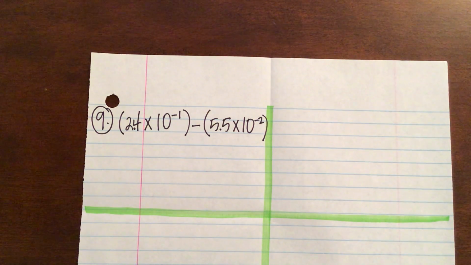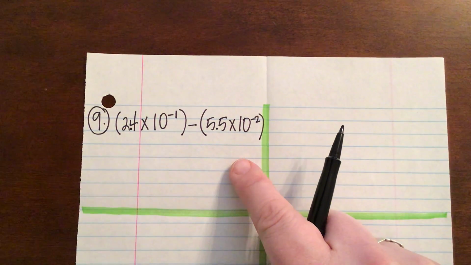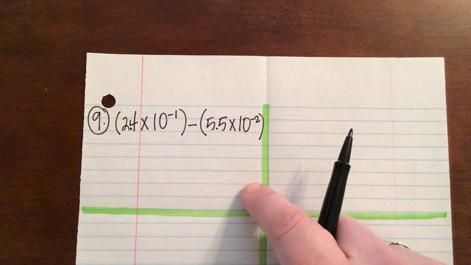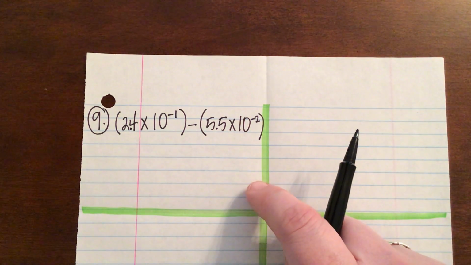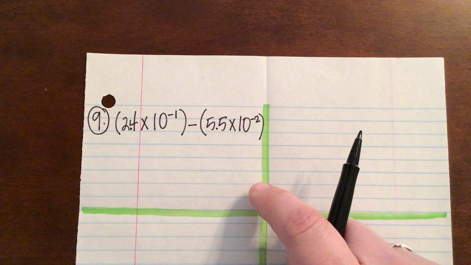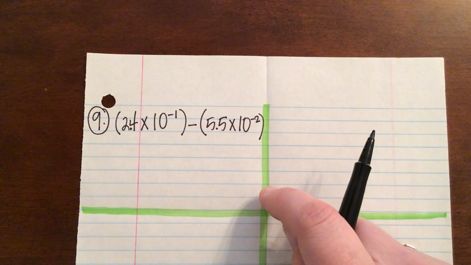If that's the way that works for you, do it that way. If you want to do the trick for positive exponents and then write out negative exponents, go for it. If you're comfortable with the trick and going back and forth between positive and negatives, go for it.